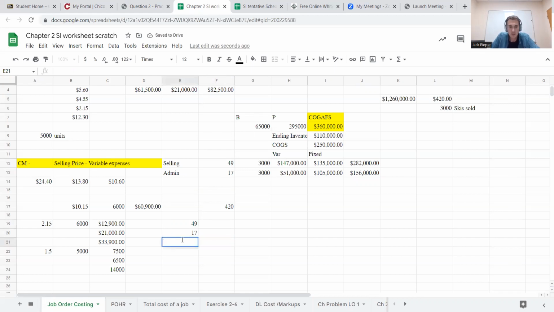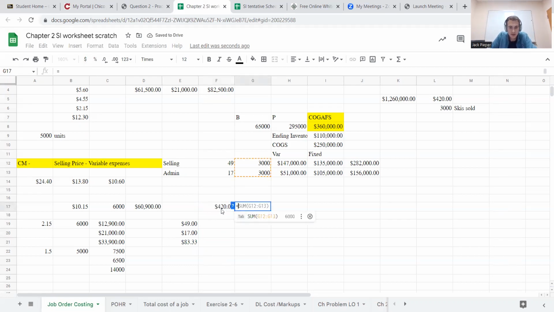And then we have to do our cost of goods sold divided by the number of units we sold. That'll get us the cost of goods sold per unit. So we'll do cost of goods sold divided by the 30,000 skis sold, $83.33. And I'll make both of these dollars. Okay, so I'll do 420 selling price minus those three.